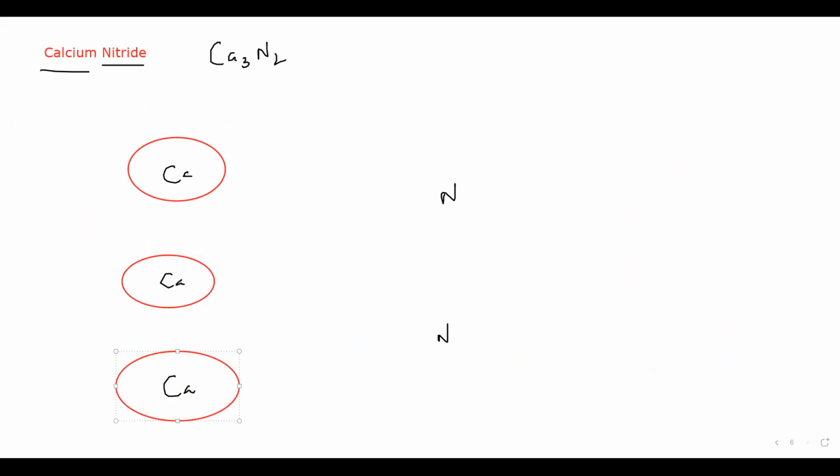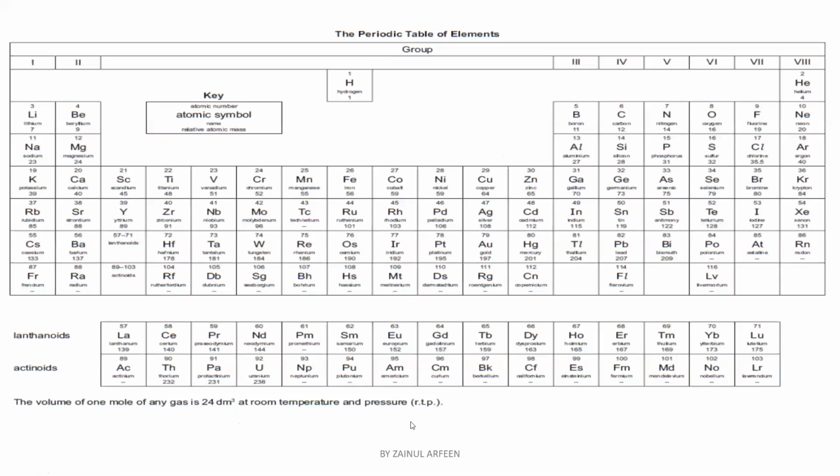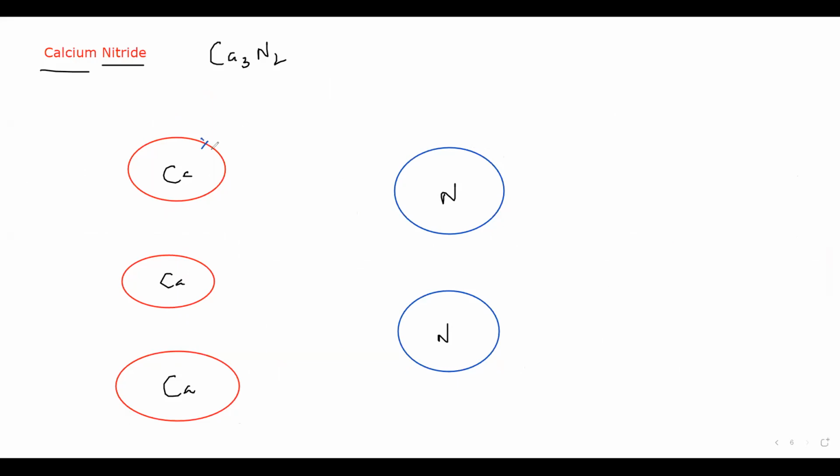Now to know the number of electrons in the last shell, calcium belongs to group 2 as we check the periodic table. So calcium belongs to group 2, it is having 2 electrons. Nitrogen belongs to group 5, so it is having 5 electrons.